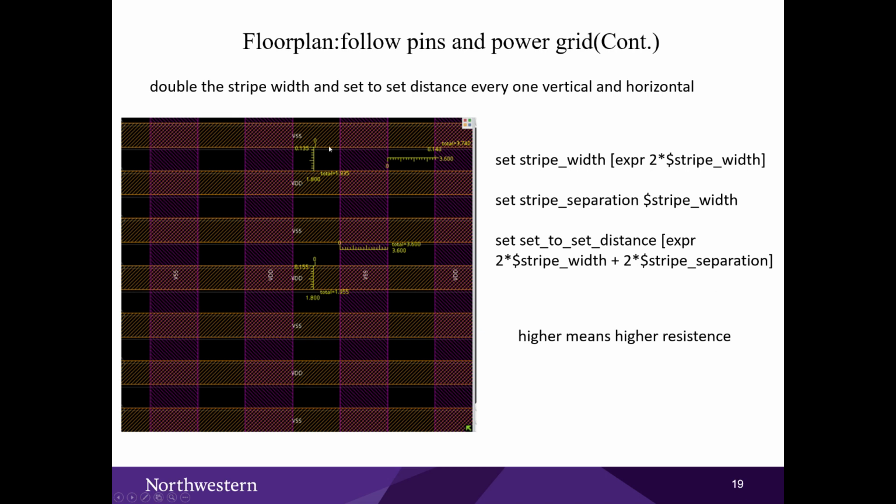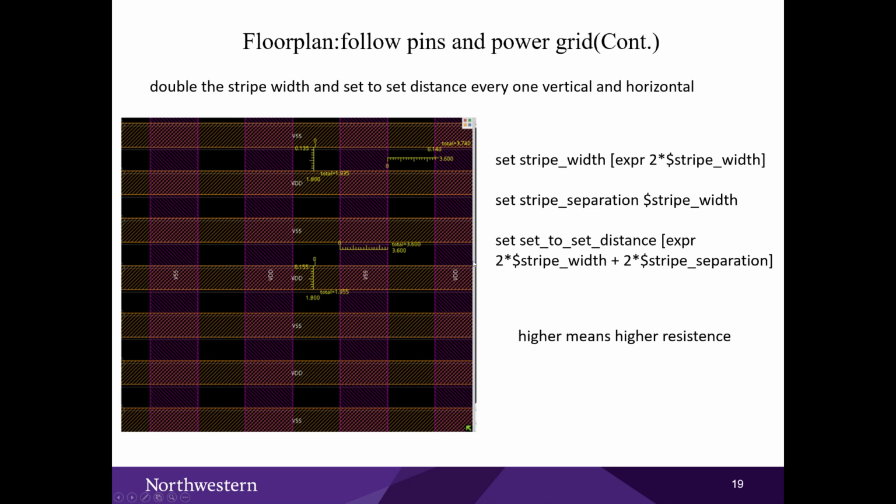And from the left picture, we can see that the yellow power stripe is on M6, and the red or something power stripe is on M7, and the M7 power stripe has a 3.6 micrometer width, and the power stripe on M6 just has 1.8 micrometer width.